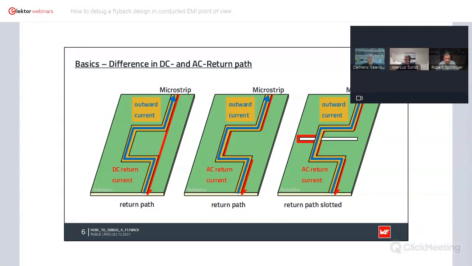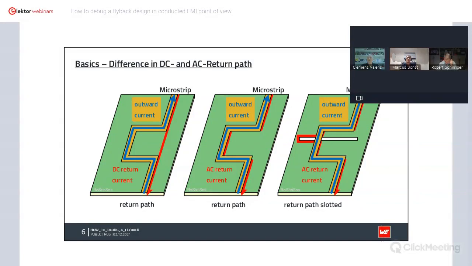I start on the left side with DC current. DC current will flow, the blue line, in the conductor to the device under test or to the load. And if you have DC, then the current will go back on the return path.